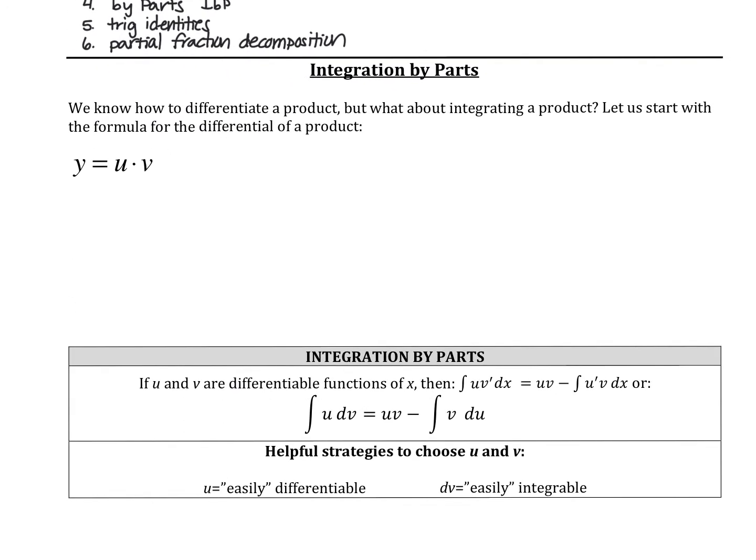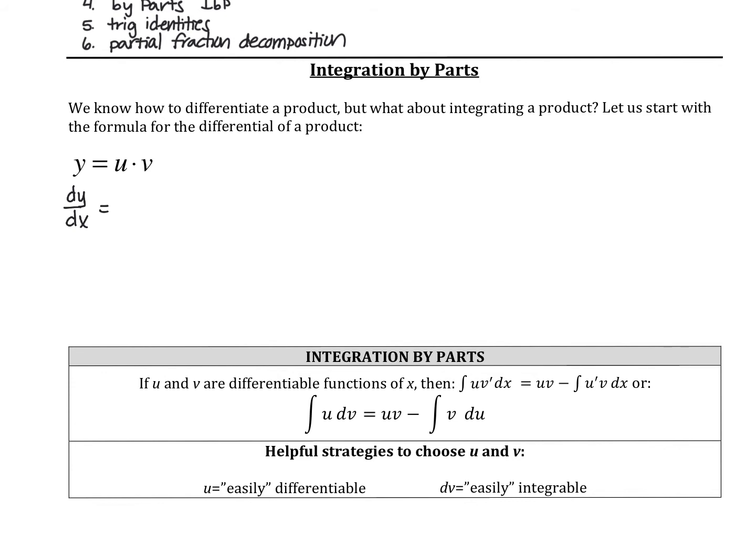Okay, we know how to differentiate a product. But what about taking the integral of a product? So let's start with the formula for the differential of a product. We know that if we have y equals u times v, and I want to take the derivative of y with respect to x, it's going to be an implicit differentiation.